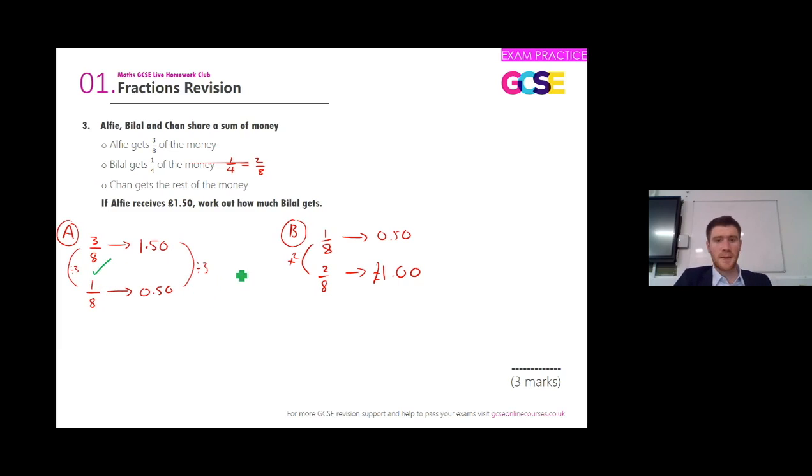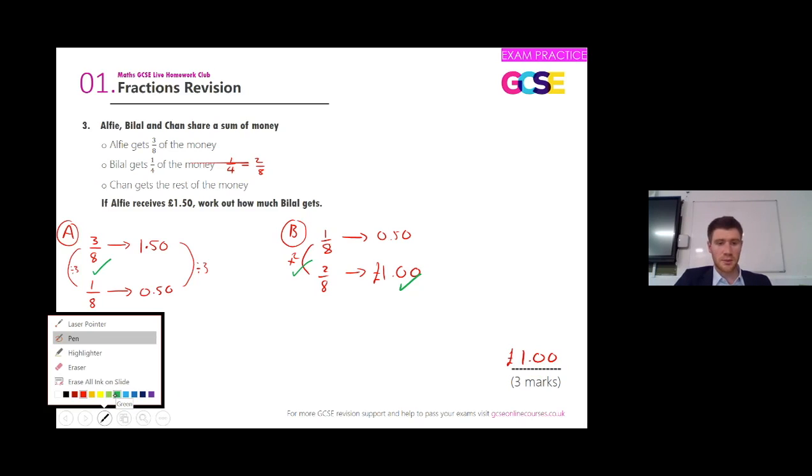Okay, and the next mark for identifying that you're going to scale up to 2/8, and then obviously again for your answer of £1. Do try to write your answers in the answer box where you can. Sometimes you can't, they don't give you one, but where you can, do try to do that so the examiner knows exactly where to look for your answers.